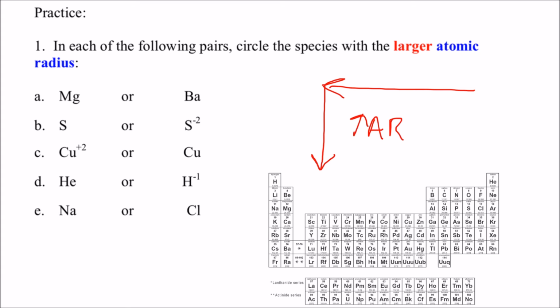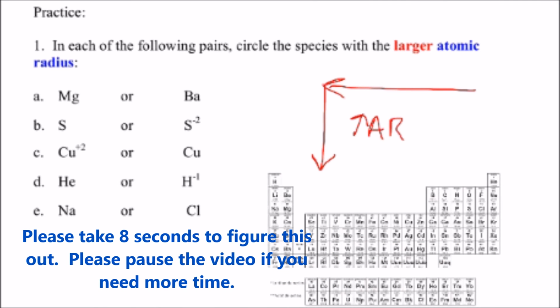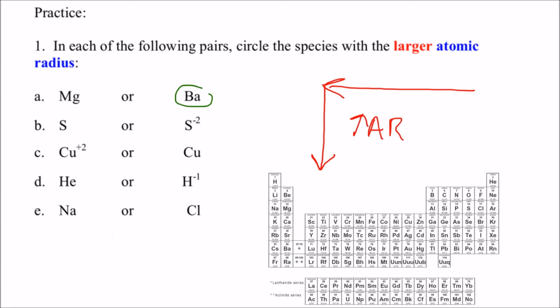We want the larger radius, and we know that as you move down, you get larger. So which one, magnesium or barium, will have the larger radius? Okay, barium.